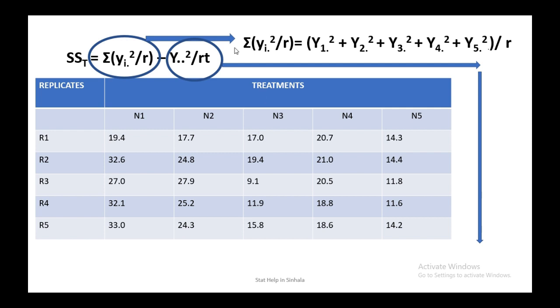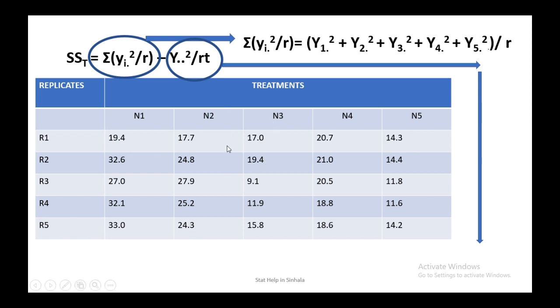Then the second part of this equation is y dot dot square divided by rt. Y dot dot means the grand total. Grand total means the summation of each of the individual observations. So we will have to take the summation of each of these observations, and then we should get the y dot dot square. Y dot dot square means square of the grand total.